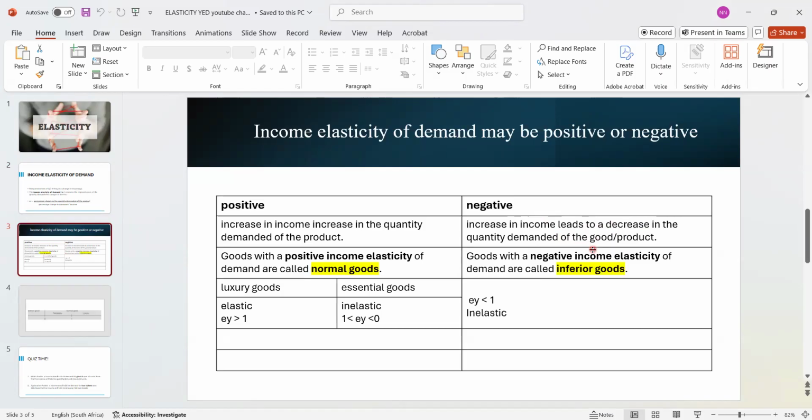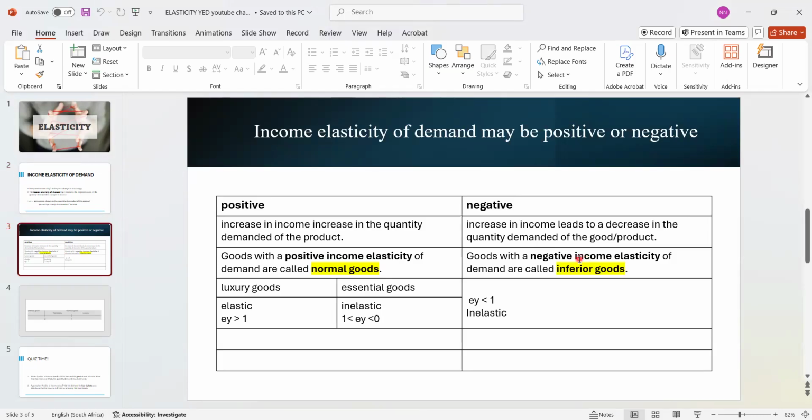So in the previous chapters, if you've watched my videos, you'll know that for a normal good I use the example of restaurants, and for inferior goods I used iKota that you guys normally buy at a Boss Mike. I'm not sure if I'm pronouncing that right.